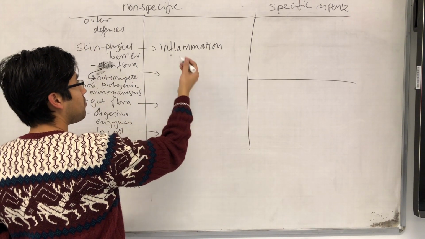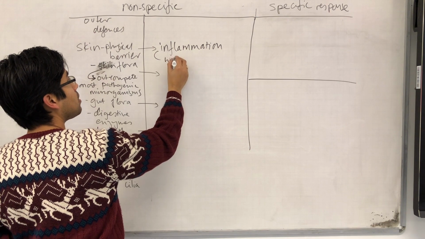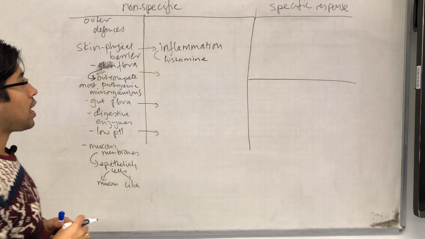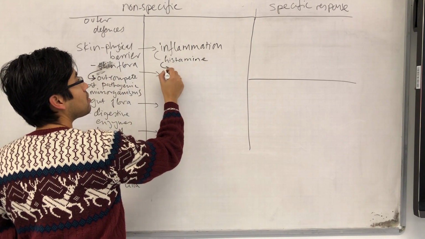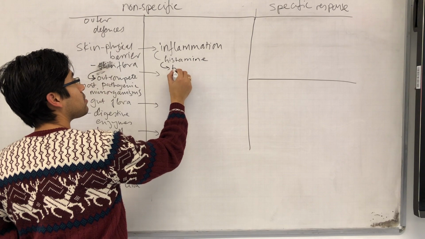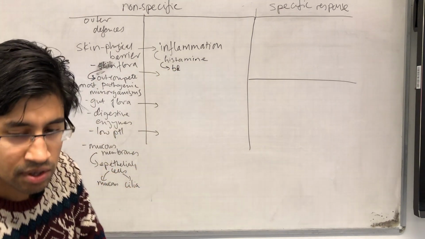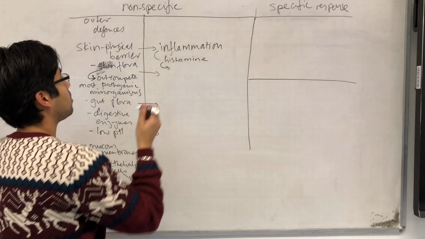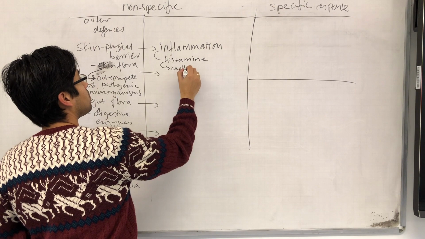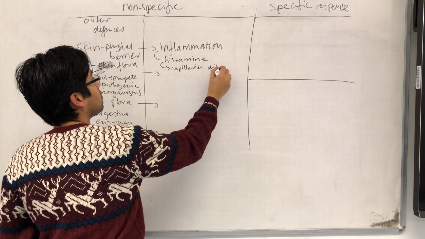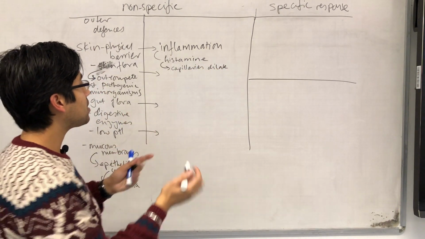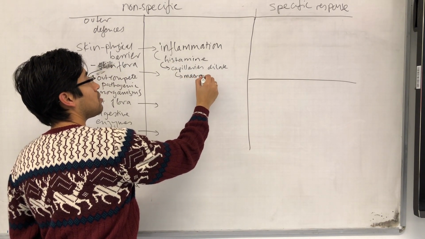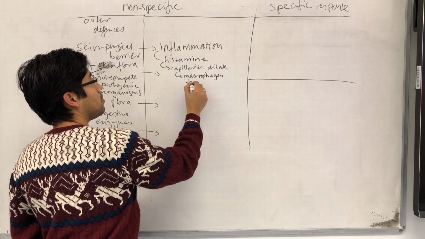The damaged or infected cells will release histamine, and the histamine will cause the capillaries to dilate, and allows macrophages to enter.